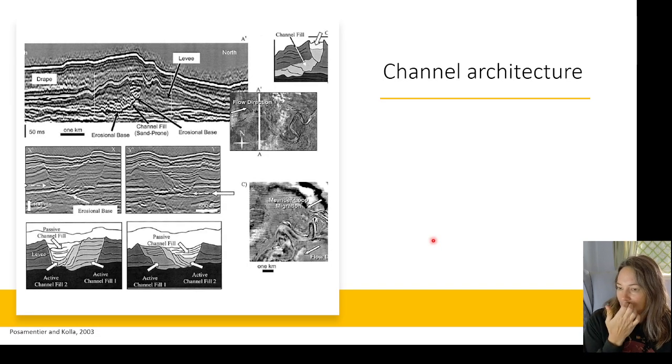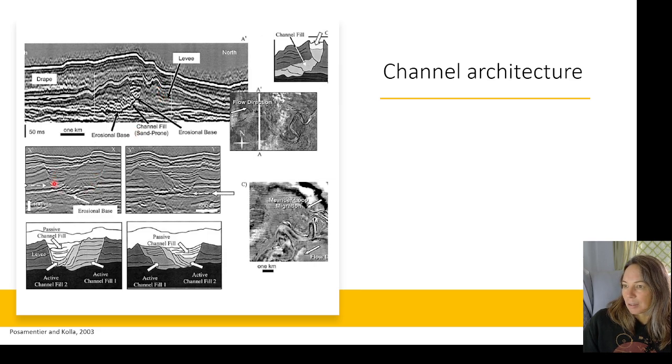Here's another case, a classic paper by Posamentier and Kolla, looking at a few different features that you'll see with seismic for some channels that they were interpreting. So here we have our channel fill right in here. So we've got this kind of buildup of the channel with some levees around it.